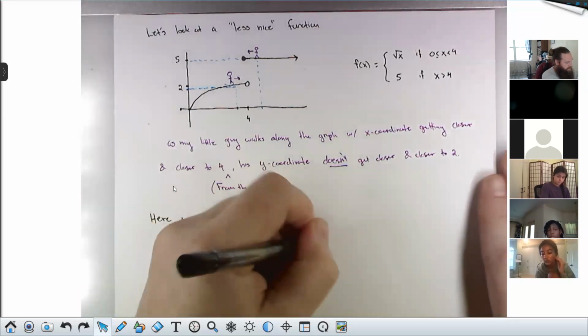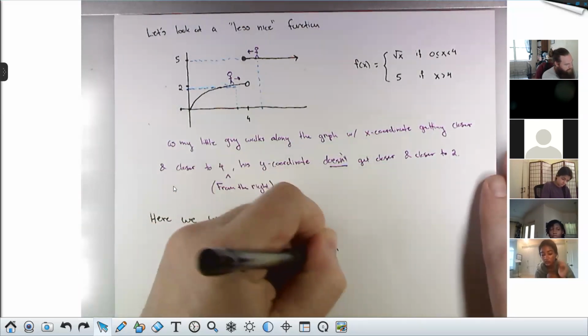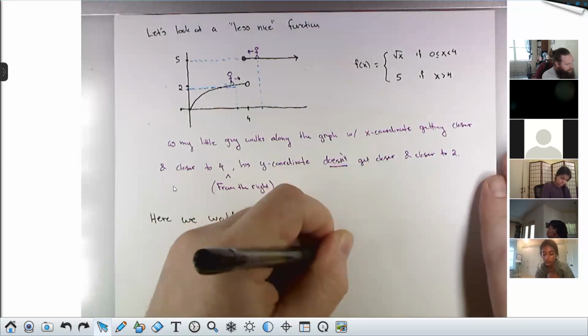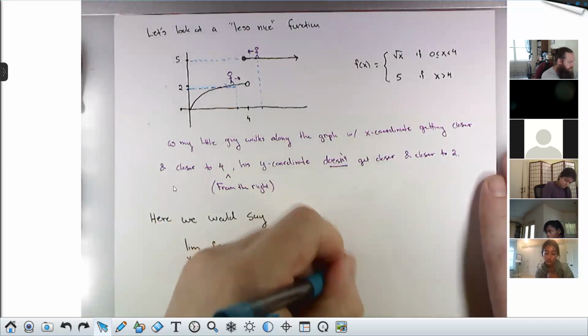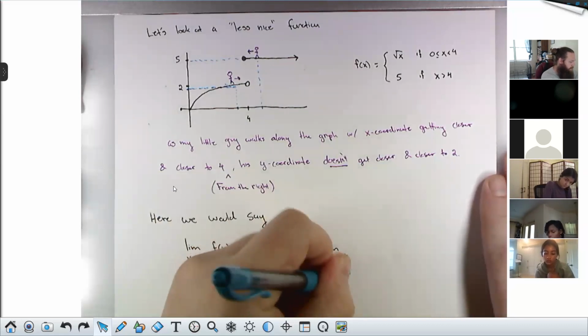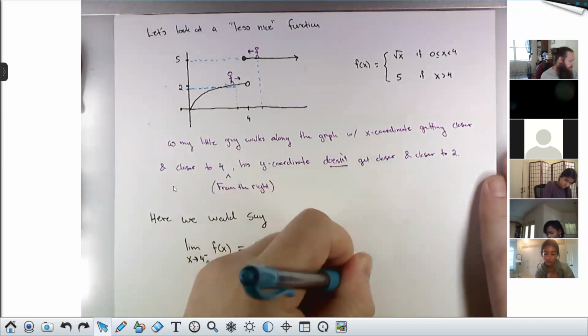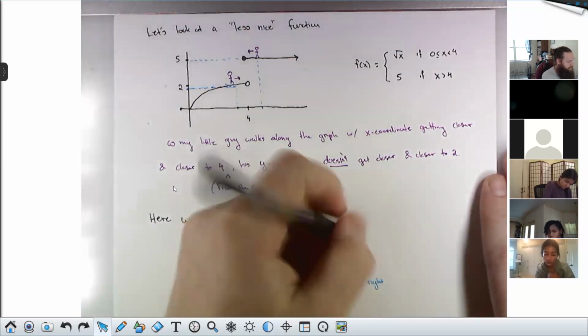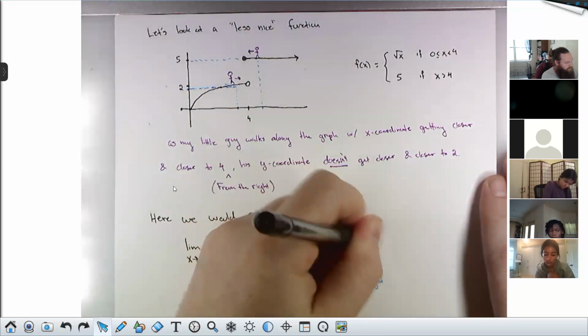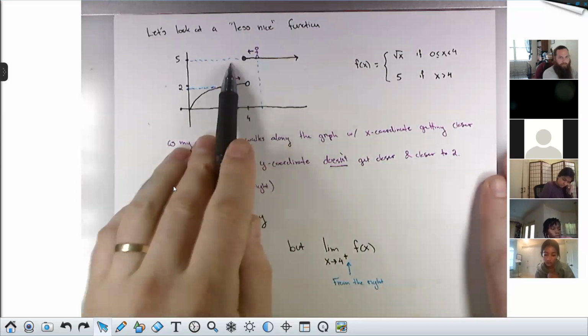But the limit as x approaches 4 from the right, and that's what that little plus means, that means from the right, of my function f of x, it's not equal to 2, right?